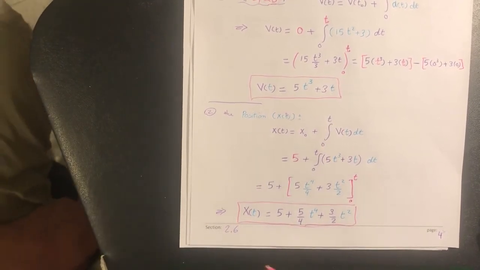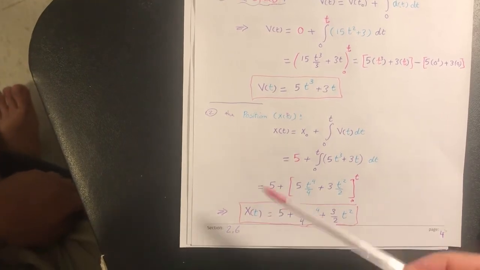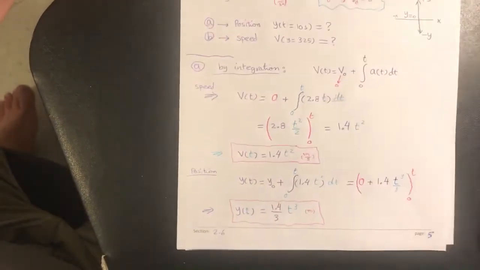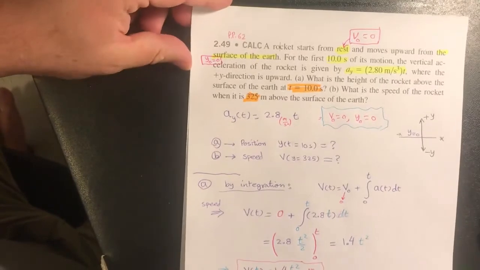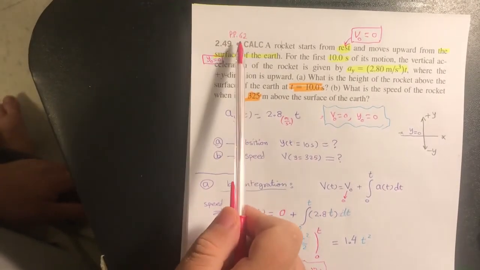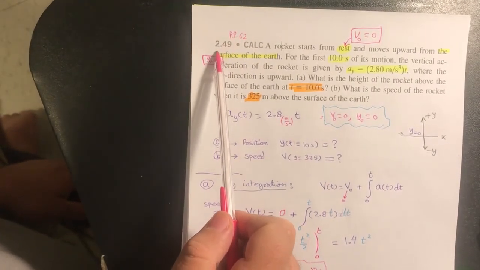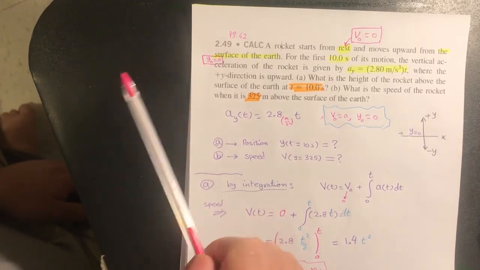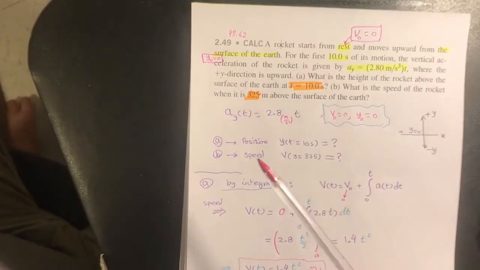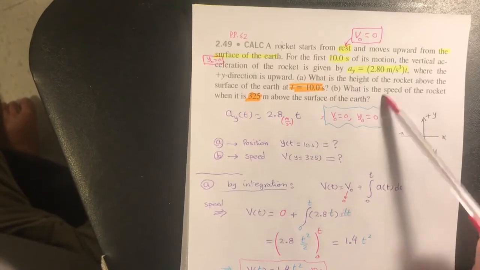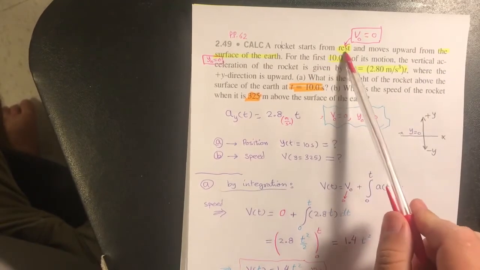Now if I give you any time, you can find x and v and a also. Look at this example or problem from page 62, which is 2.49. We have a rocket. We need to understand these questions. Start from rest.